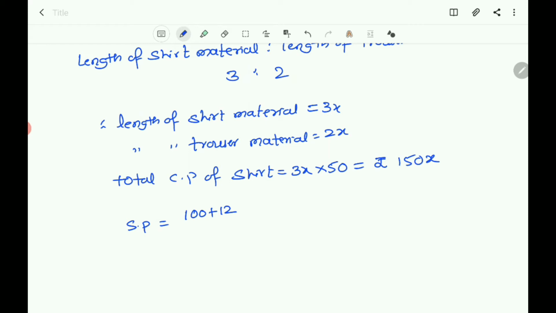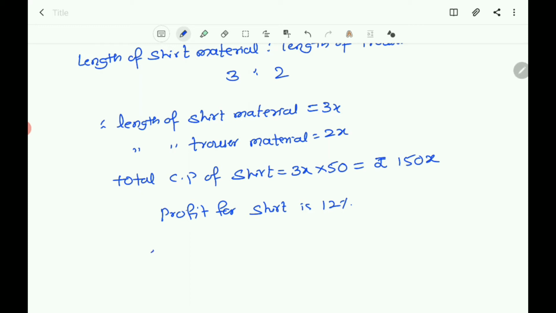The profit for shirt is 12%. For 100 rupees the profit is 12 rupees. Therefore 100 rupees cost price means 100 plus 12 is the selling price.